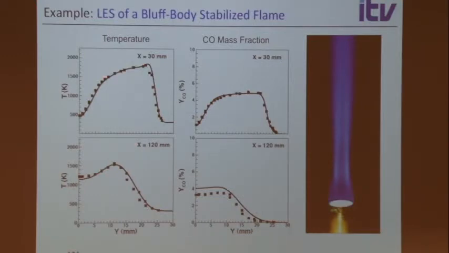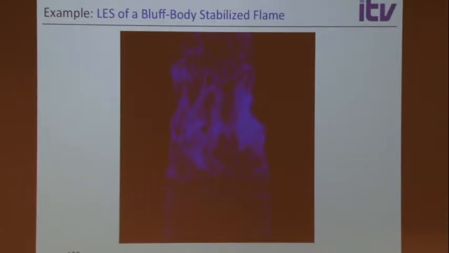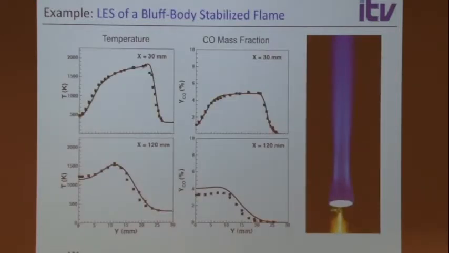This is close to the nozzle in the upper panels, far downstream here in the lower panels. With this simulation, then you get everything right. So simple. And you see, although the dynamics of this flame are very unsteady, still the assumption that the flame structure in itself is in steady state is actually good enough to give you very accurate results.